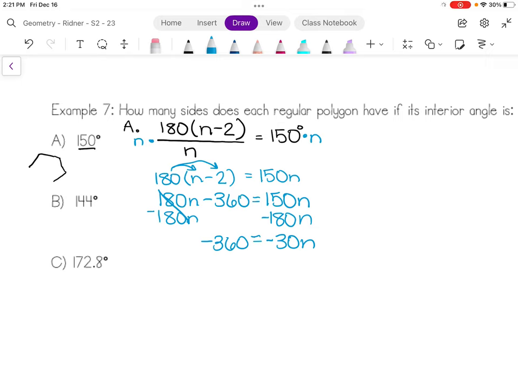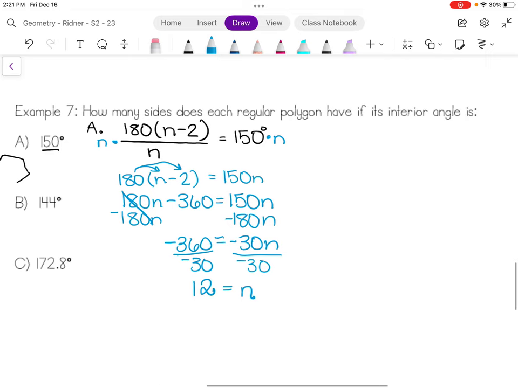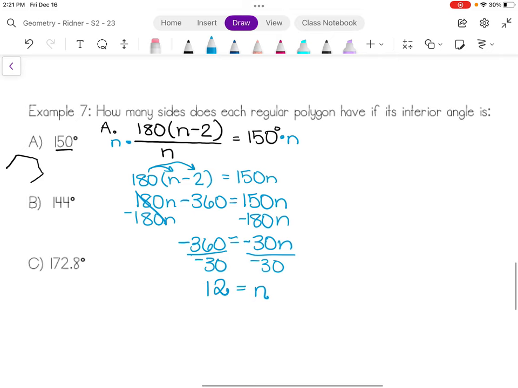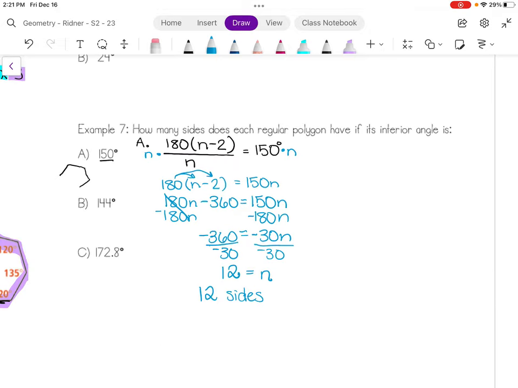Okay, and then I'm going to divide by negative 30, and negative divided by negative is positive. That's good, because I don't have negative sides of a polygon. And 360 divided by 30 is 12. So this particular polygon in A has 12 sides. Again, try the other two, and this will finish your notes for 6-1.